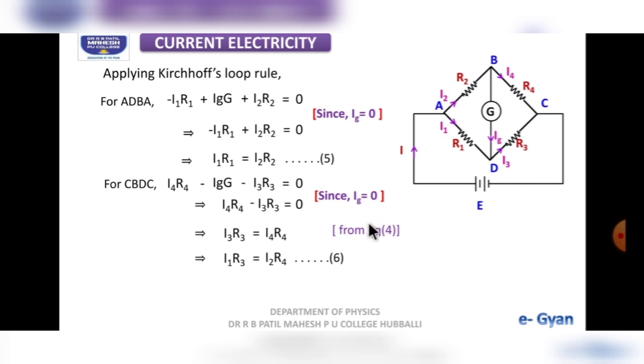Now, divide equation 5 by equation 6. We get I1 R1 divided by I1 R3 is equal to I2 R2 divided by I2 R4. On the left hand side I1 appears in both numerator and denominator, and on the right hand side I2 appears in both, so I1 will cancel on the left and I2 will cancel on the right.